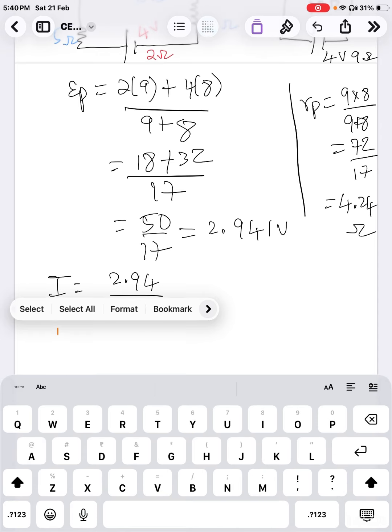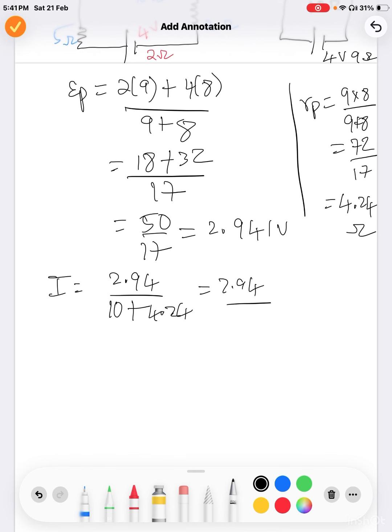So that becomes 2.94 by 14.24. 2.94 by 14.24 becomes 0.21 ampere, which is the current.